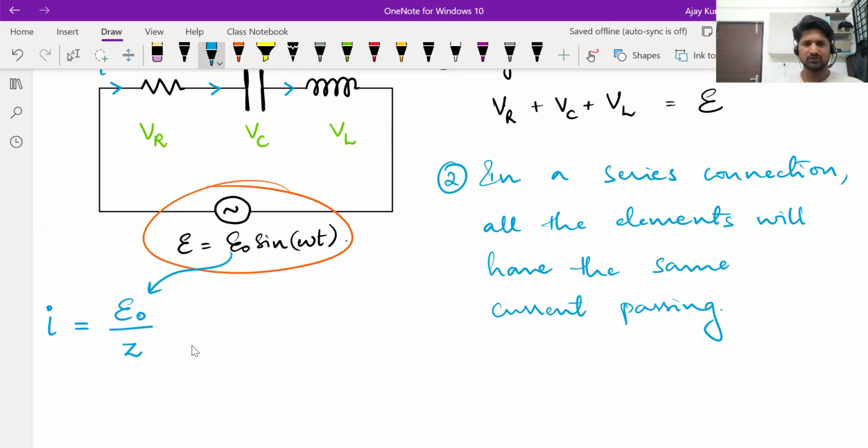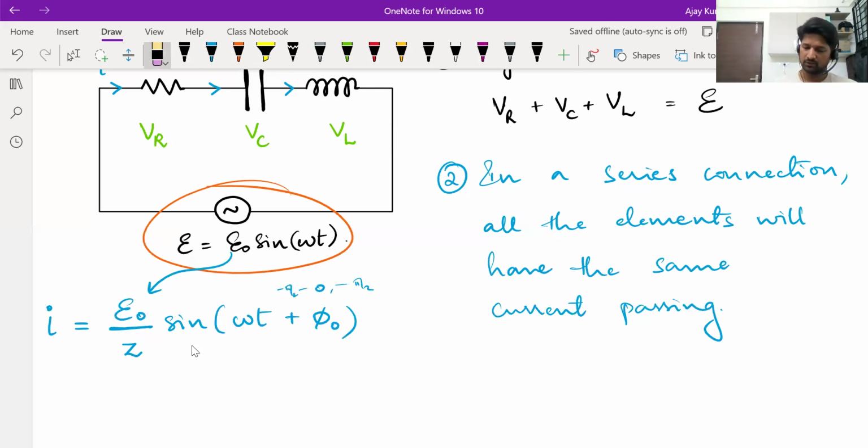If it's only a resistance it's R, if it's only a capacitor XC, if it's only an inductor XL, but when all three are there, E naught will get divided by something. At least dimensionally to be correct, E naught should be divided by something. Then the phase will be something extra. It could be 0, it could be between 0 and pi by 2, it could be from minus pi by 2 also. So it can vary.